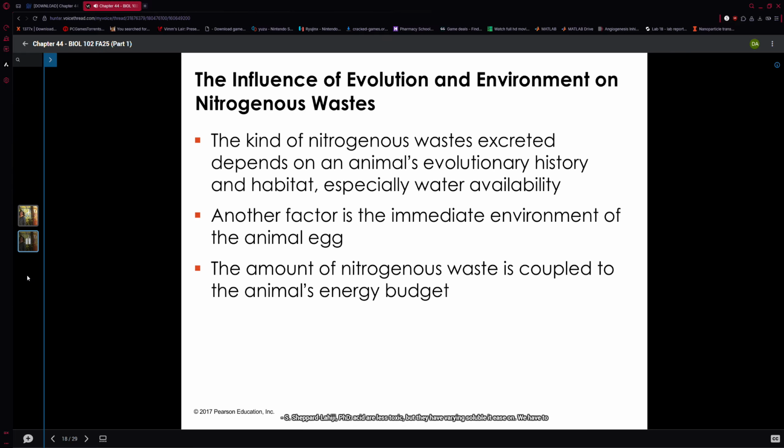Urea and uric acid are less toxic, but they have varying solubilities, and we have to think about what's going to be energetically expensive versus energetically inexpensive. So use this module within the context of osmoregulation to think about what the needs of the organism are, how that relates to the type of nitrogenous waste they produce, how changes in habitat could have an impact on or create an inability to effectively generate these wastes, and what the ramifications of that might be.